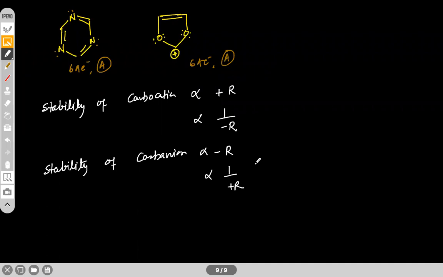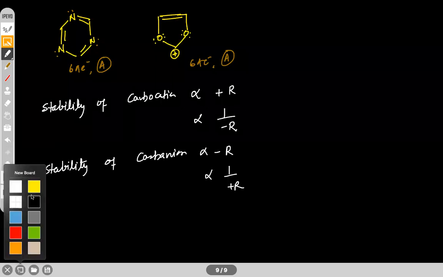Okay. Next, write down the third type of electronic effect we are going to see now. And that is hyperconjugation. Okay. Write down.